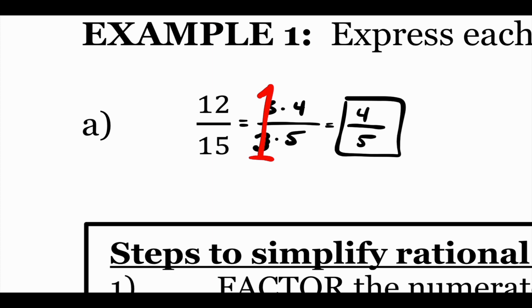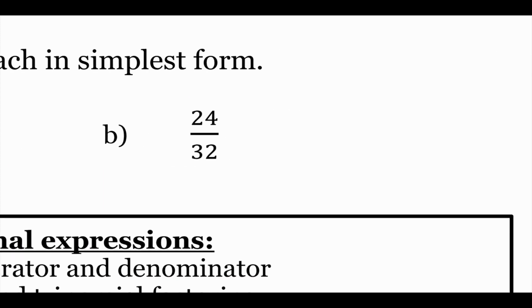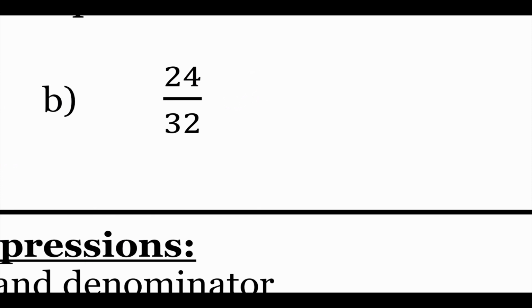Now, I know a lot of you do that in your head, which is great. Keep doing that. But that's the thought process that goes in here. The reason I'm doing it slow and the reason I'm writing everything down is because when we get to the harder ones, we need that process. We need a plan. Okay, so let's do B. What's the biggest number? 4.